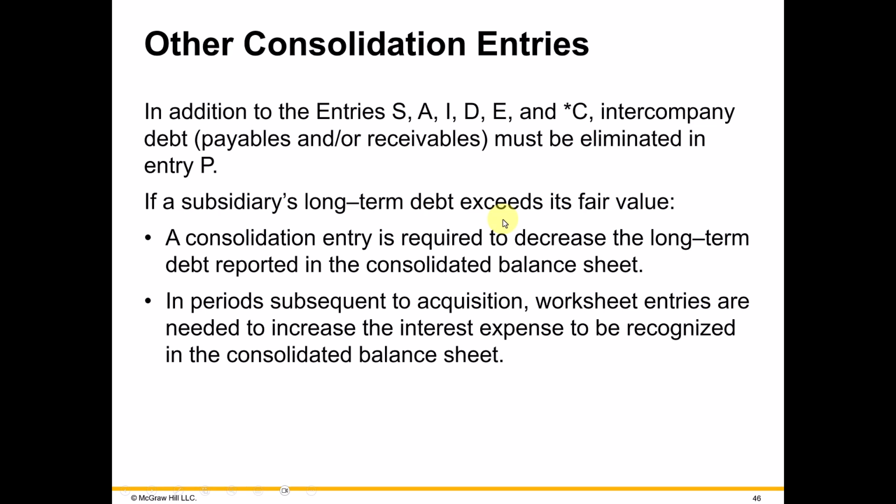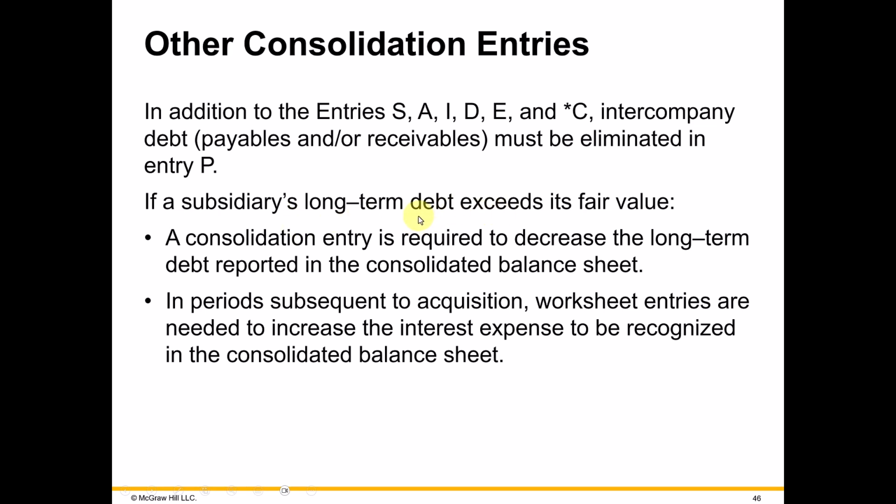And I think this is almost the same type of adjustment. If you remember back in your previous accounting classes, when you had a premium or discount when the company issued bonds, a bond payable premium, you would amortize over the life of the bond, reducing the interest expense. Or if you had to amortize a discount on the bond payable, you had to increase the interest expense.